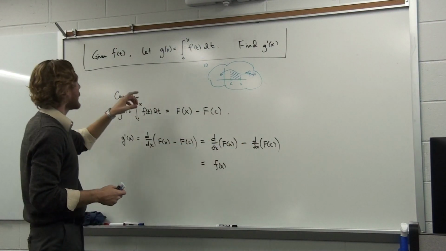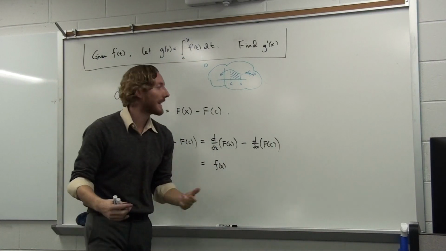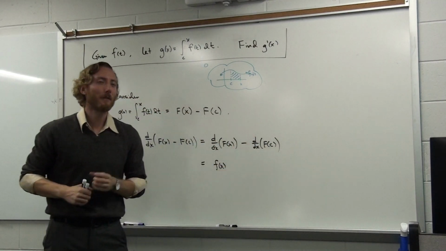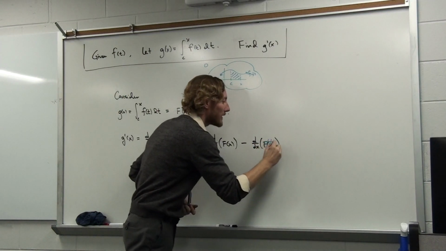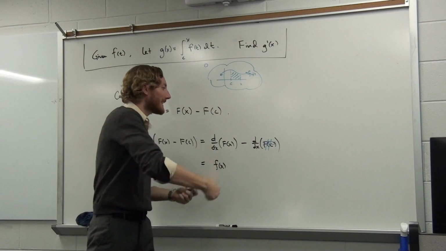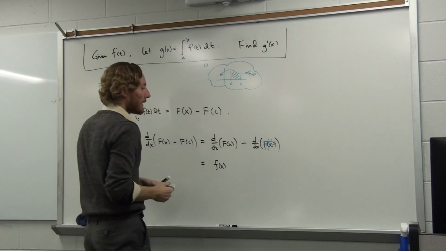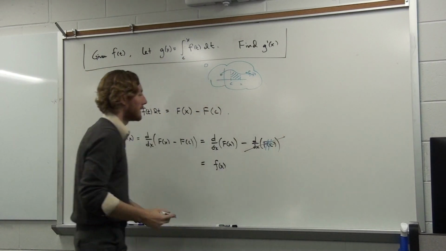And no matter what our original function is, the antiderivative function is, yet again, a function. And so if you plug c into that function, now this is just a good old-fashioned number. Whatever c is, plug it into the antiderivative function, you're going to get some number out, and when you take the derivative of a number, that's going to be 0 and drop off.